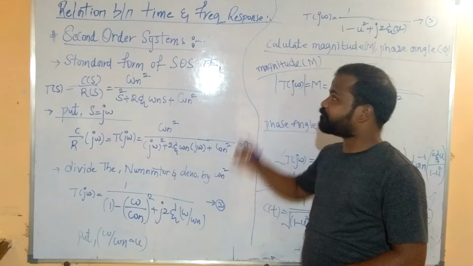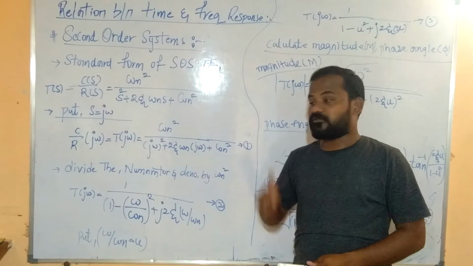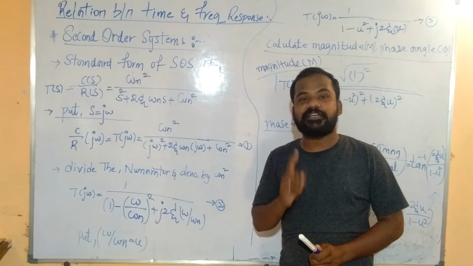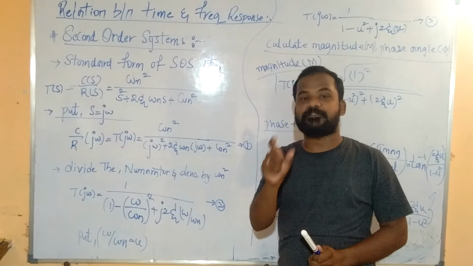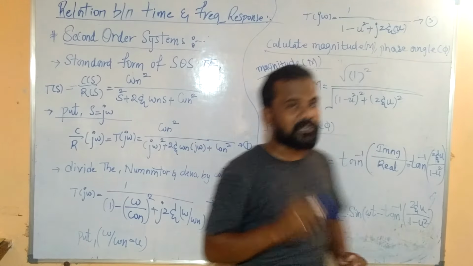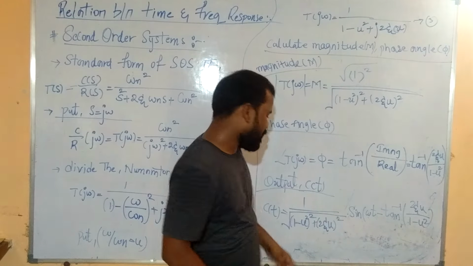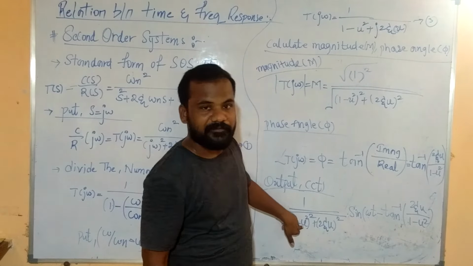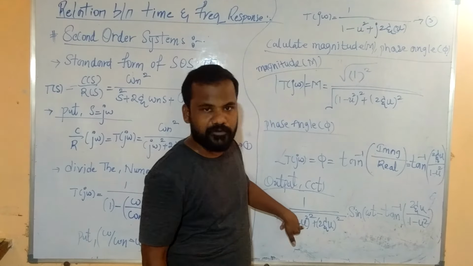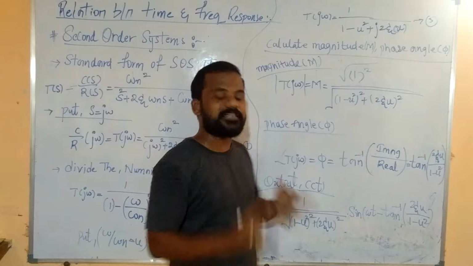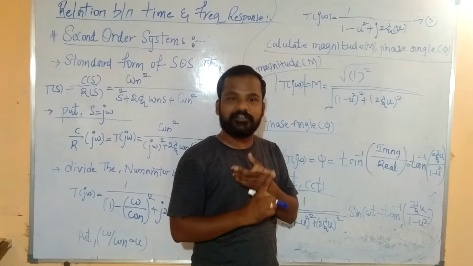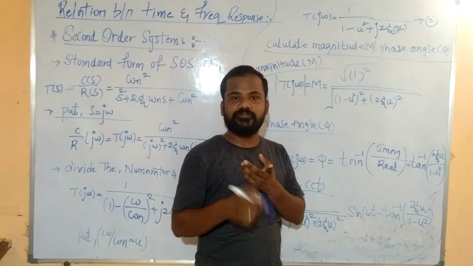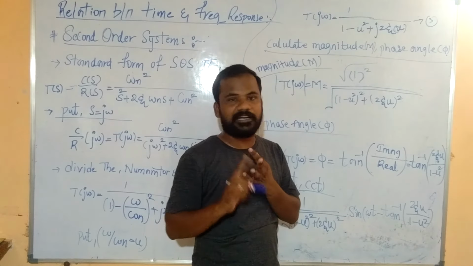Clear? Now after completing this, we need to draw the frequency response curves. How do we draw them? When we vary the value of u in this equation, you will get different phase angles and different magnitudes. For example, when u is equal to 0, what is the magnitude and what is the phase angle?